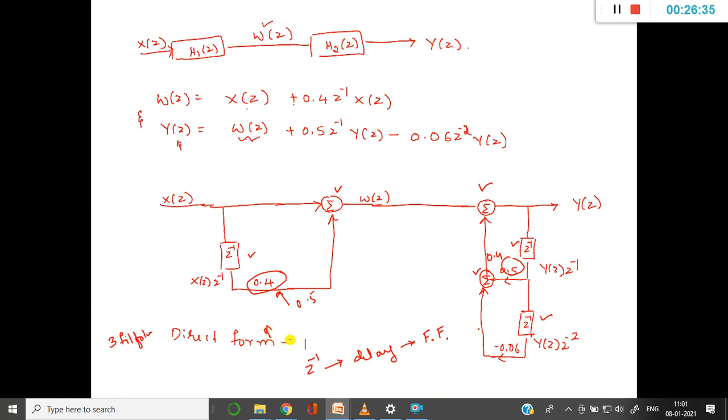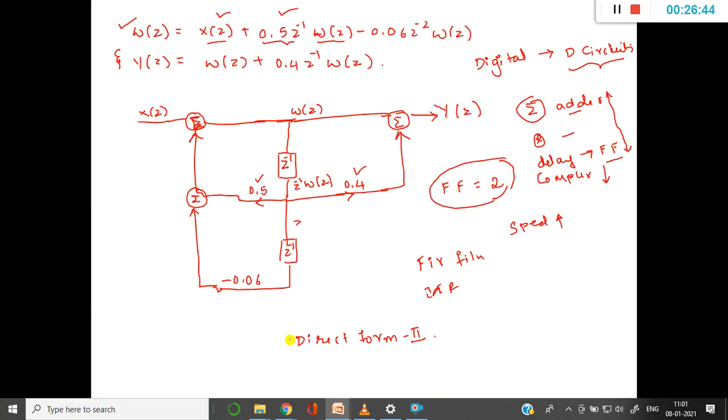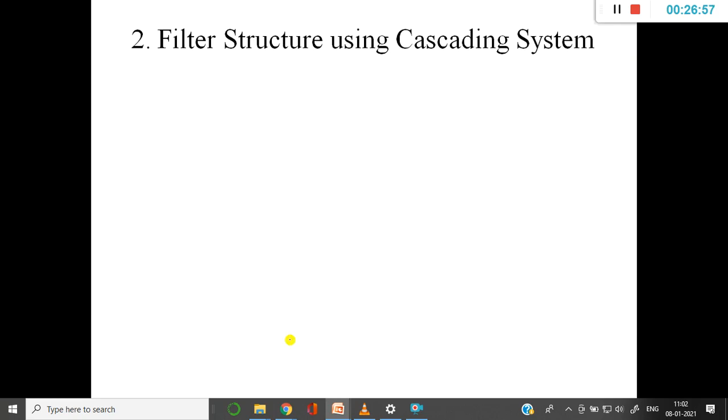This is the only shortcut method that we usually adopt. But procedure wise, you have to follow this procedure. Unless you follow the procedure, probably it doesn't serve the purpose. So this is all about direct form 1 and direct form 2. Now quickly we will take up the second type, that is the cascade form.